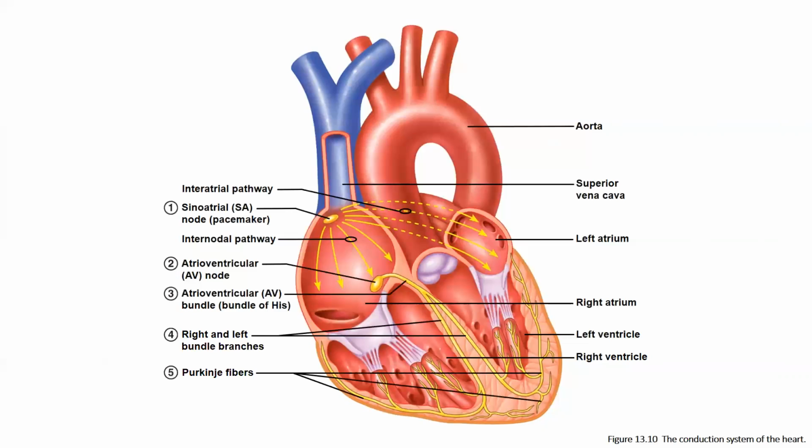Your Purkinje fibers are going back up towards your valves. And so the heart is going to contract from the atria, and then the ventricles contract upwards. So up to the bottom of the atria, to the base of the heart, and then the ventricles contract upwards. And that is the relay of the electrical impulse.